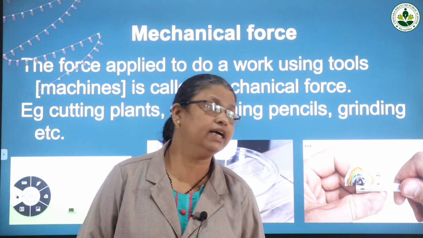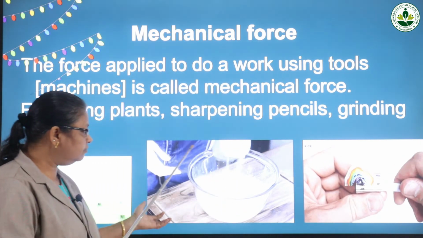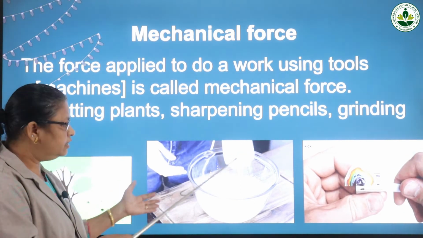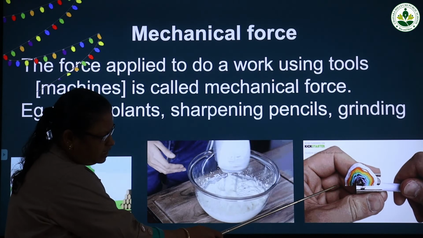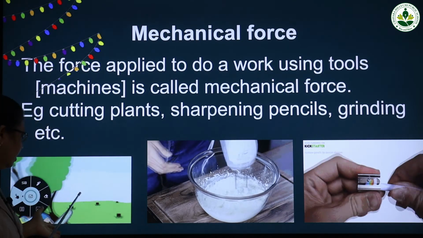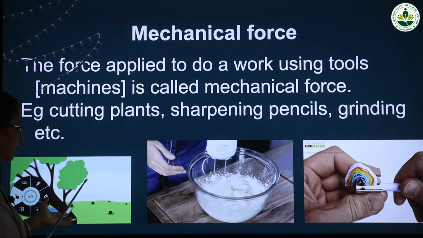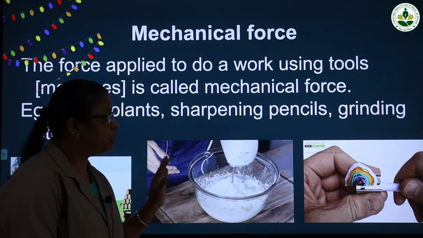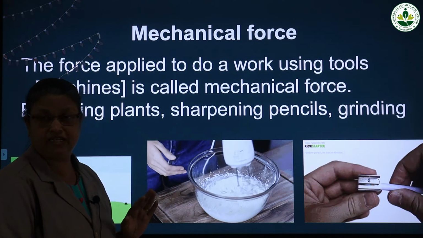Okay. So look at the pictures. So here we are churning with the machine. Then here we are sharpening the pencil with a sharpener, and here cutting the trees with an axe. So here all we use one machine or other machine, isn't it?